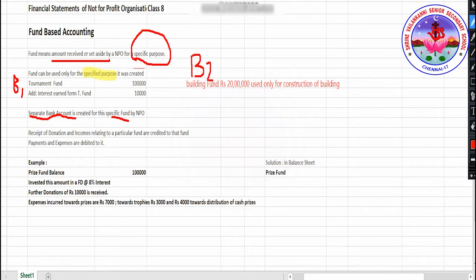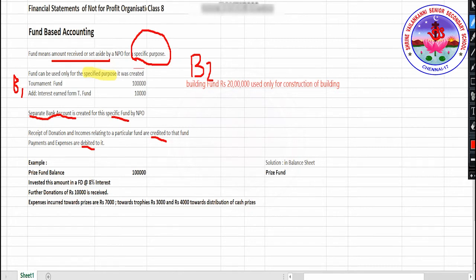For each fund there will be a separate account. The receipt of donations and income relating to a particular fund is credited to that particular fund, and any payments and expenses are debited to that particular fund.